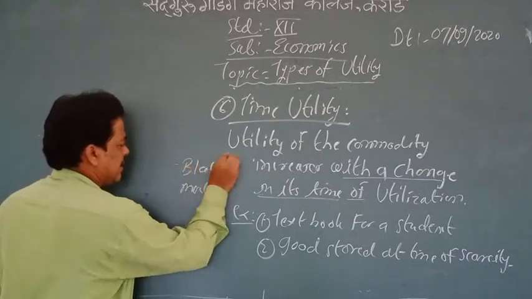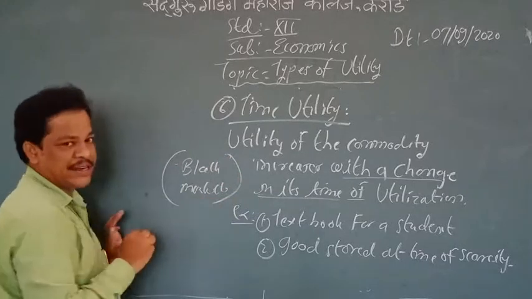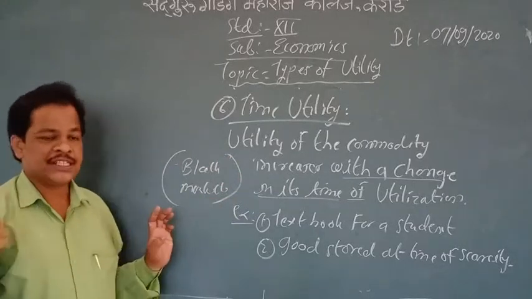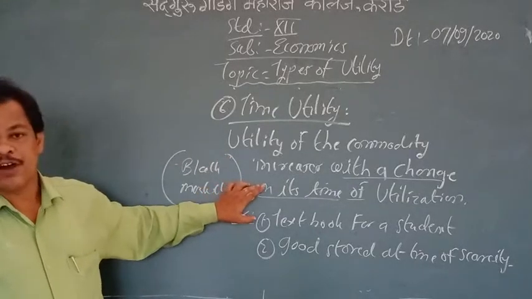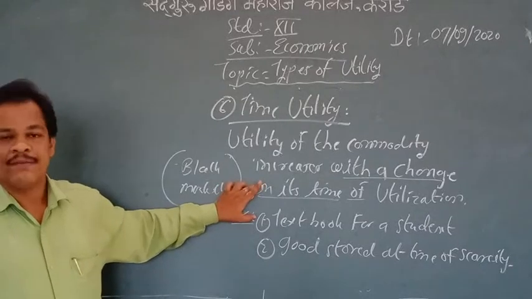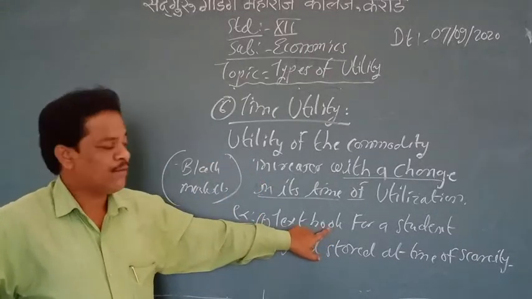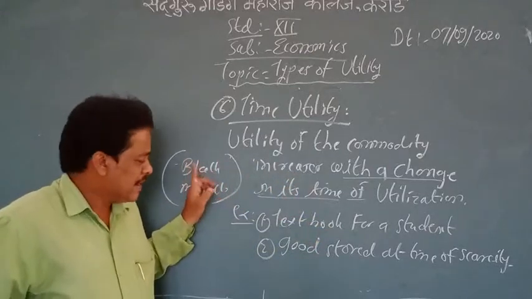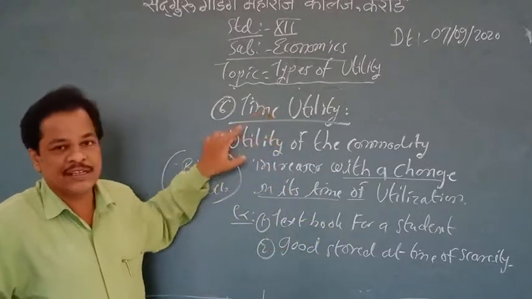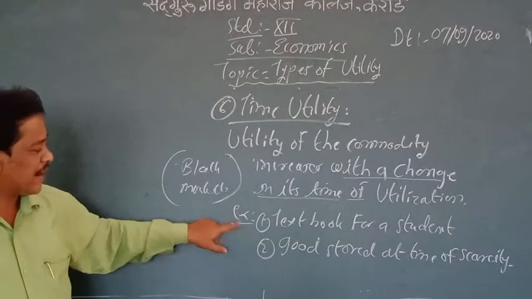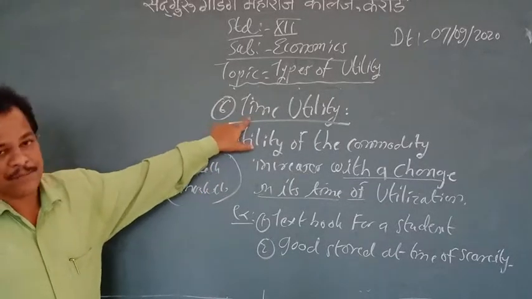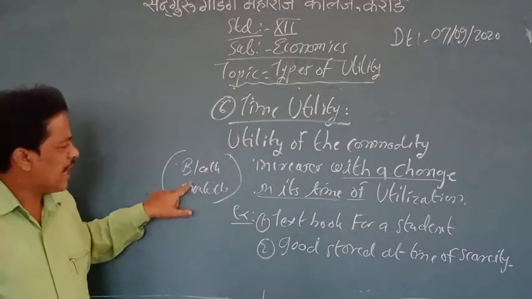Some traders do this, black marketing. For example, they purchase goods from farmers at low cost, and when the time comes, they sell those goods at a higher price. Black marketing. Time utility is very important. This concept is very different, but see how the black market takes place because of time utility.